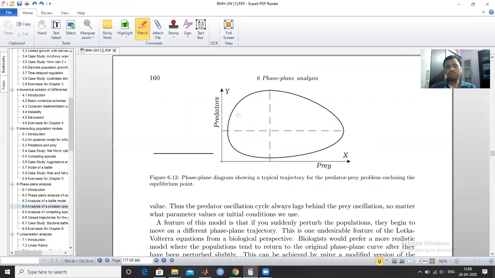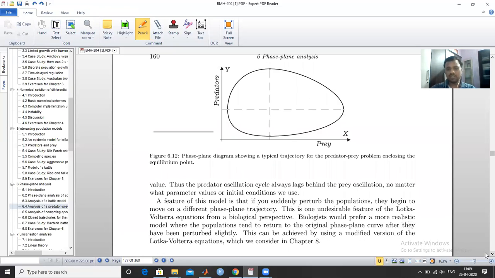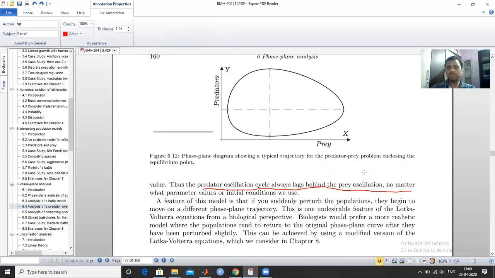So you can check here, then there is an observation. What is the observation again? So the first observation was that these are closed, and the second one is that the predator oscillation cycles always lag behind the prey oscillation, no matter the parameter values.